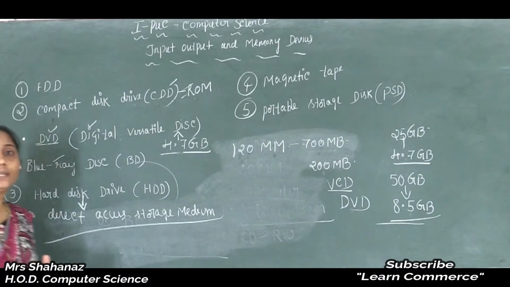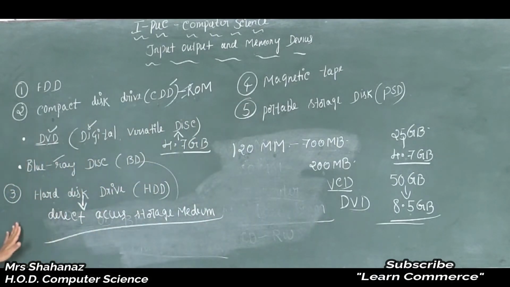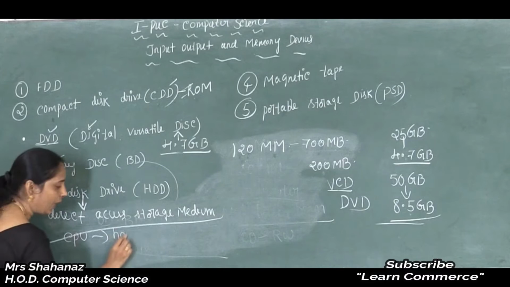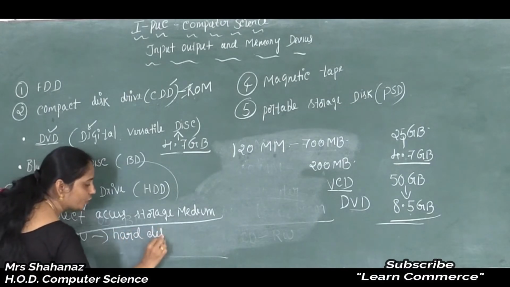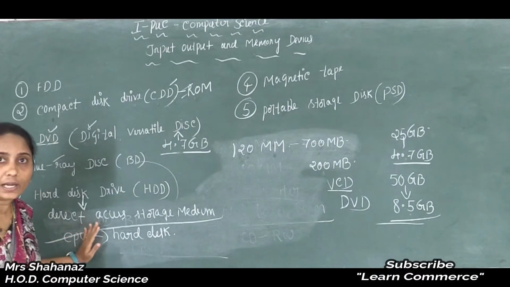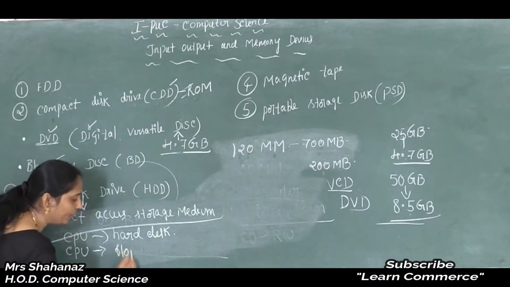And the data transfer rate between the CPU and the hard disk is much higher. If any data is transferred between the CPU and the hard disk, it transfers very quickly, at a much faster rate as compared to the data transfer rate between the CPU and the floppy disk drive.